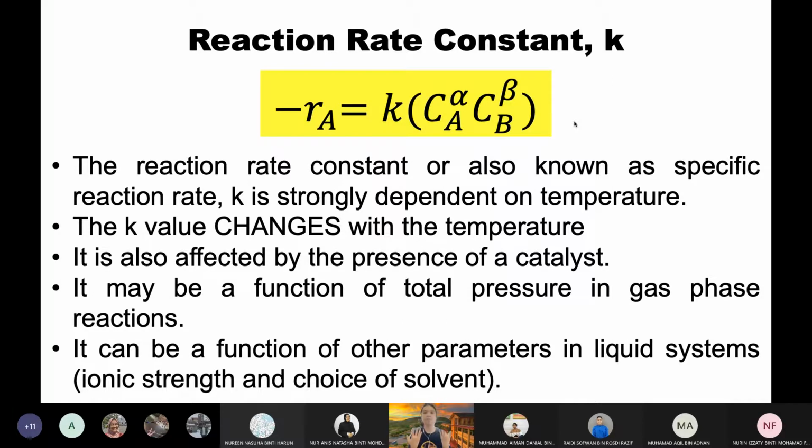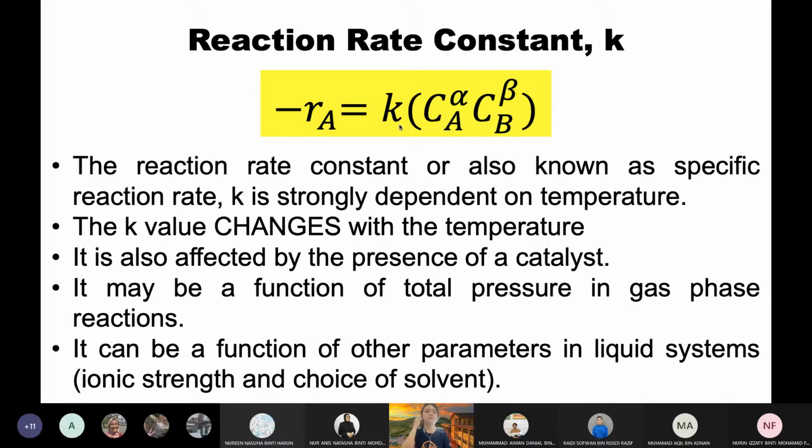Okay, so reaction rate constant K is very sensitive towards temperature. Maksudnya, katakan kamu ada satu tindak balas, kalau kamu ubah nilai suhu of the reaction, either you increase or you decrease the temperature of the reaction, the value of K will and must change. Sebab tu kamu tengok signifikan kenapa.